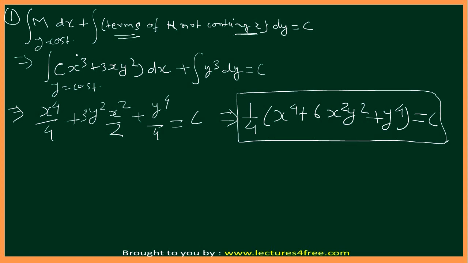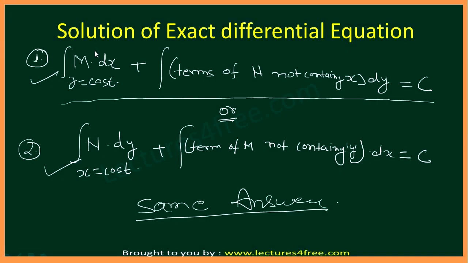Now, as I said earlier, we can apply either formula 1 or 2. We have applied formula 1 and got the answer. Now let's apply formula 2 and check whether we get the same answer.